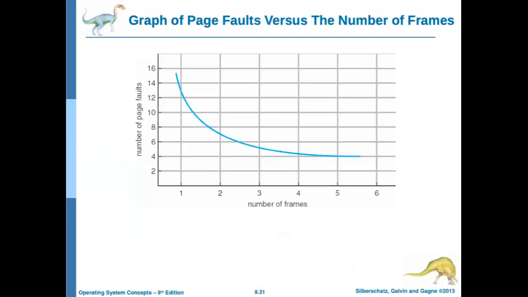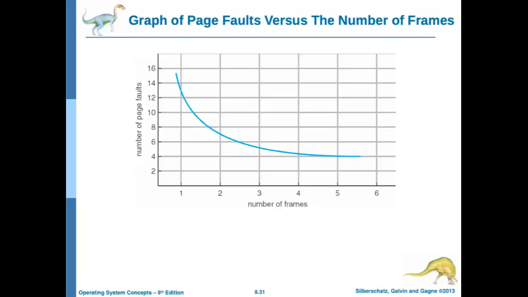As you increase the number of frames allocated to that process, that means many pages of the same process will be available in main memory, and because they are available in main memory, it will result in fewer page faults. So that is the relationship between page faults and the number of frames. Okay. Any doubt in this?